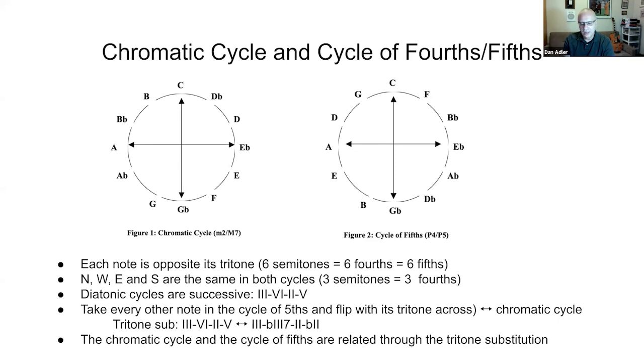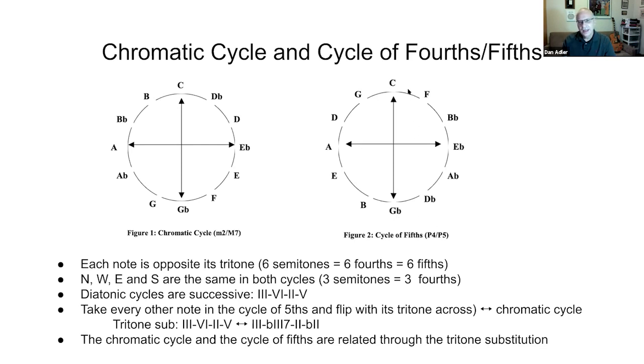To move on, I'll start by looking at this thing which you all know, and show you some things that maybe you can see geometrically that you're not used to seeing when you look at it on a piano or on a guitar string. So, this is the chromatic cycle in both directions, and this is the cycle of fourths and cycle of fifths, but check out some things that are not so obvious.